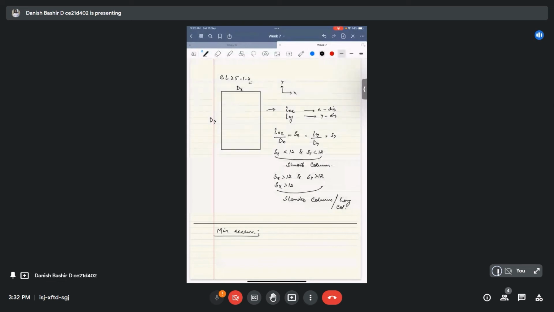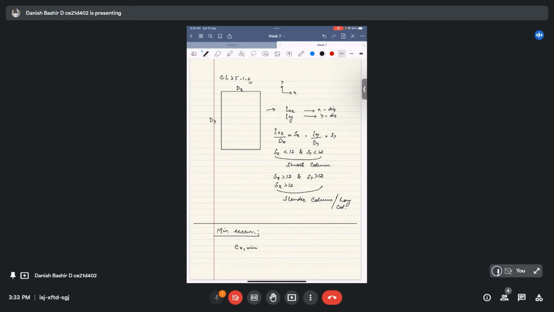What it says is that the eccentricity of the loading that we are applying on our column will be given from the analysis part. The loads would have been already calculated.